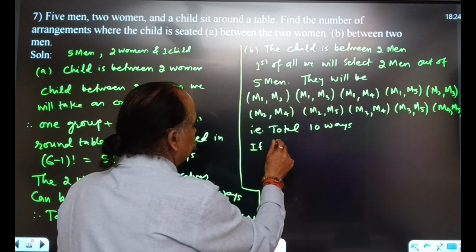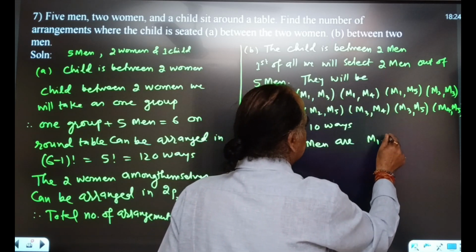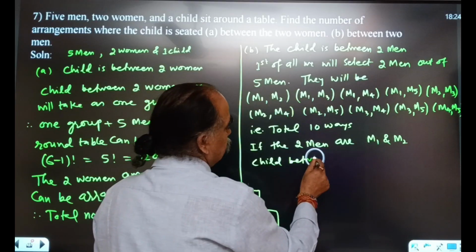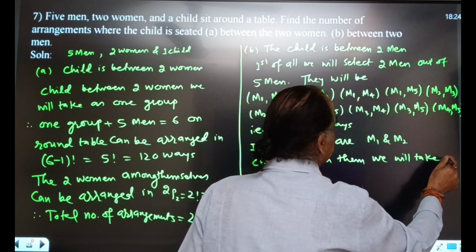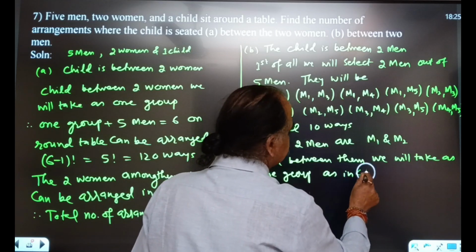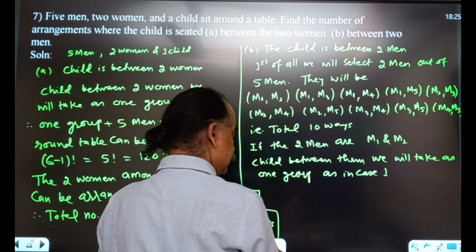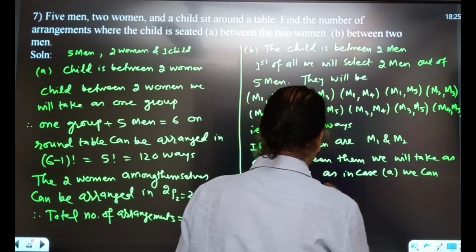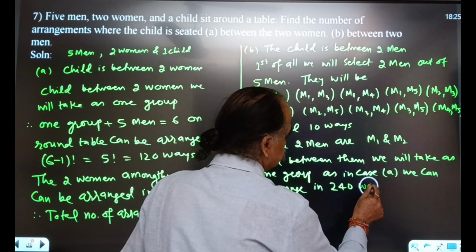If the 2 men are M1 and M2, with the child between them, they will take as one group as in case A. As in case A, we can arrange in 240 ways.